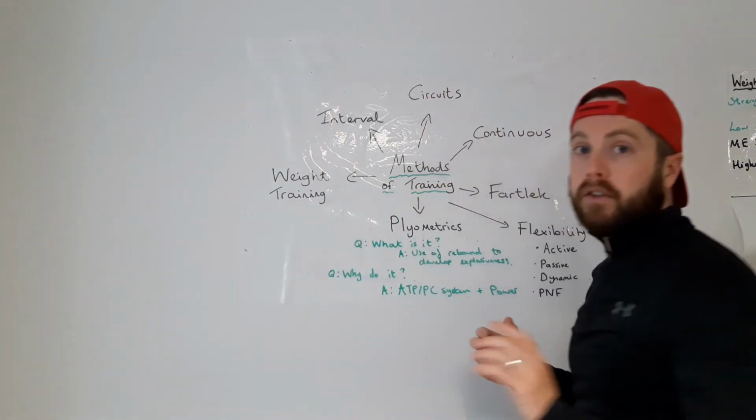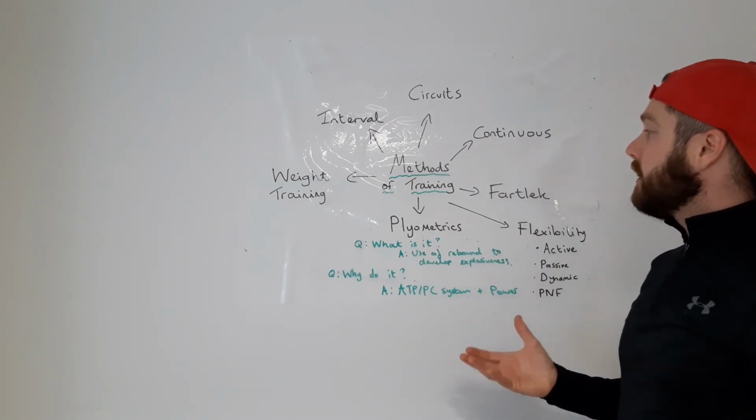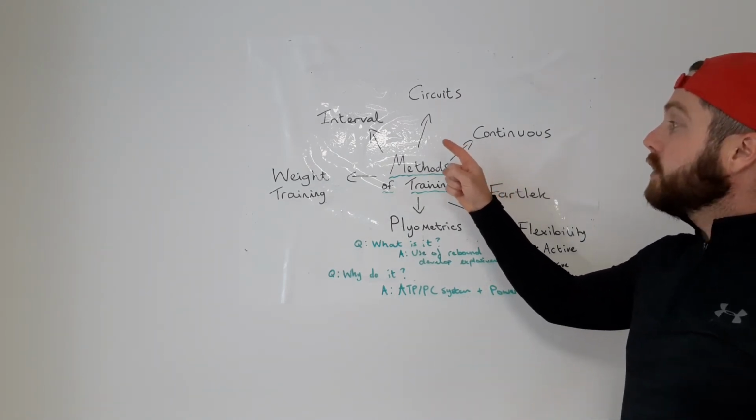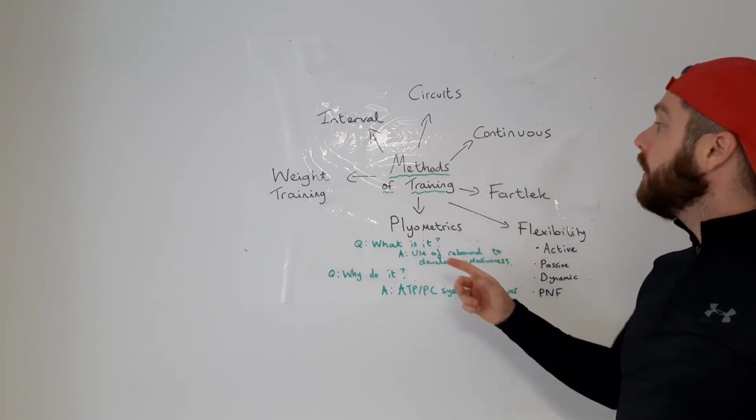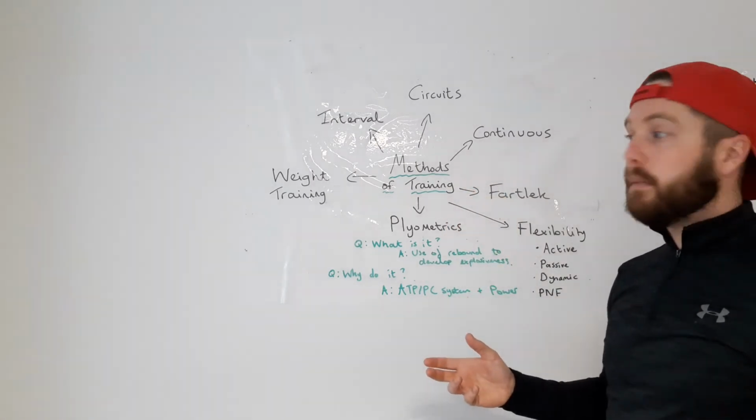Right, I'm just going to move this over. So before I do, actually, the task I'm going to set you now is to just create a mind map or a learning mat that's going to help you revise the methods of training.